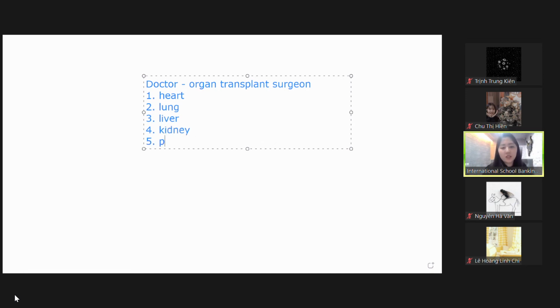And the last one is in need of the pancreas. So you have 5 patients and each needs a different type of organ. Currently there are no donors, and you are about to see them dying. You are very sad, very desperate. You feel helpless. It is your responsibility to save the patients, but you cannot do anything right now.